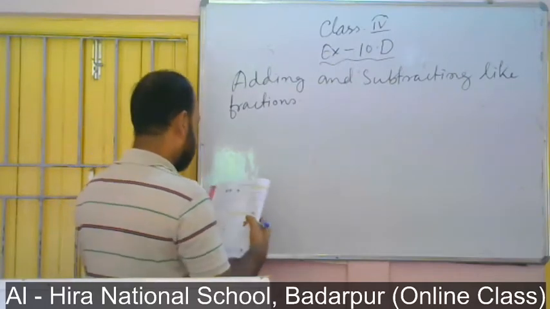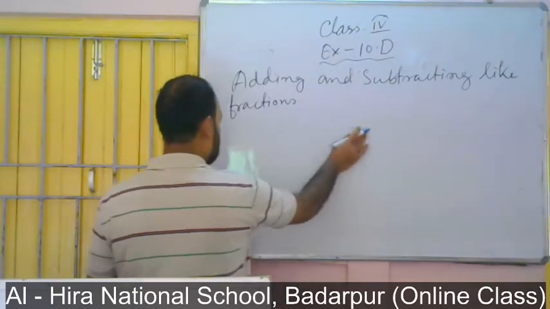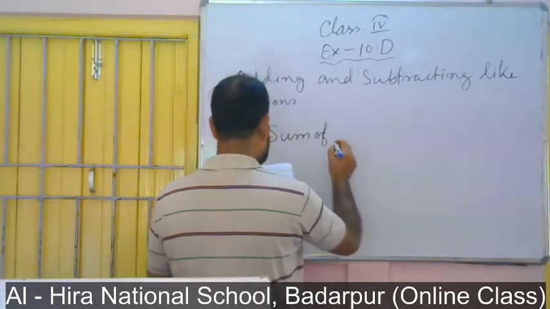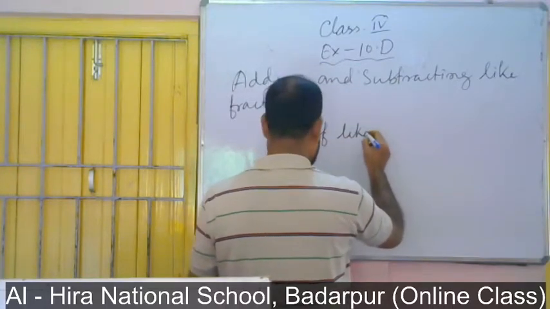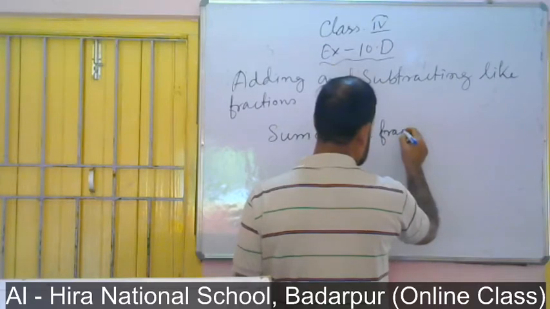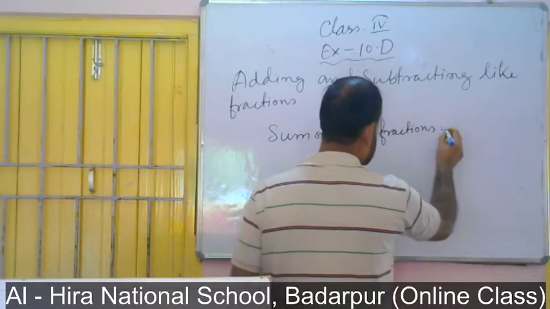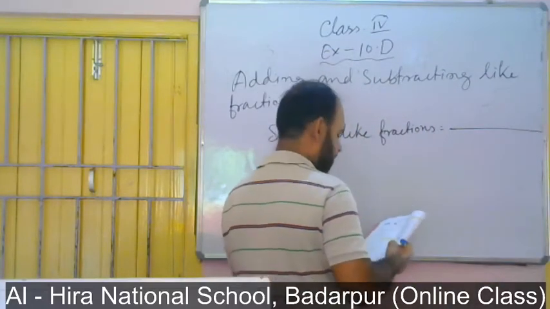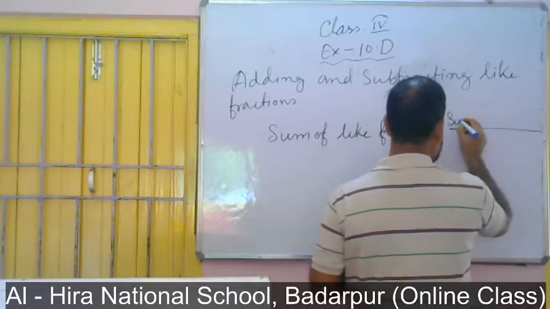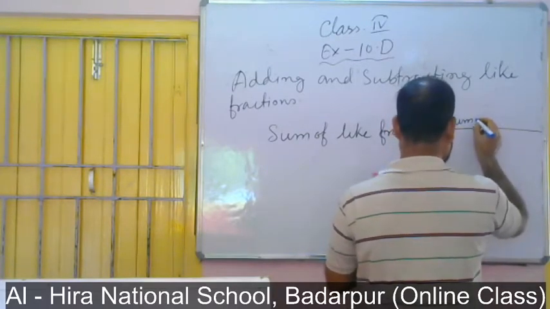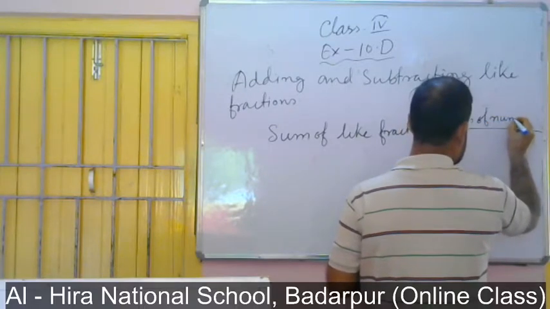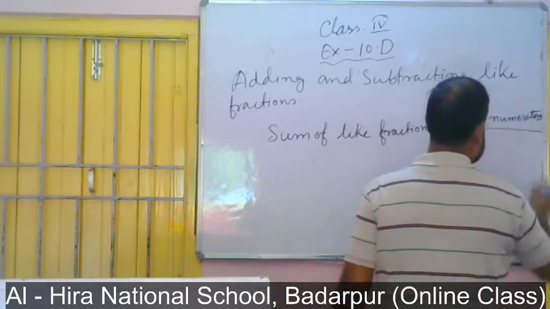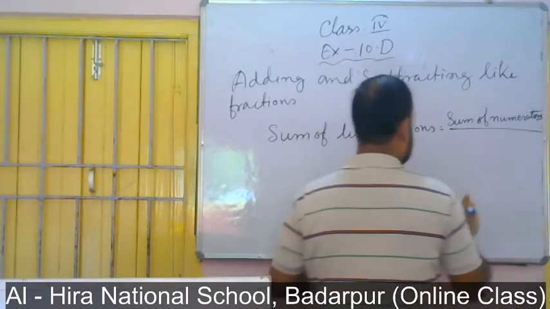Before that, we write two formulas. The sum of like fractions equals the sum of numerators over the common denominator.